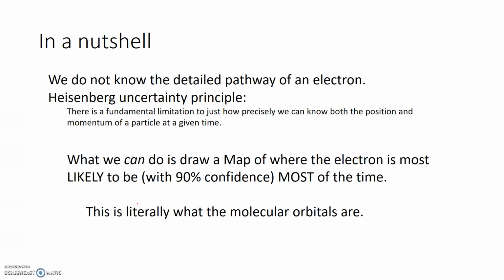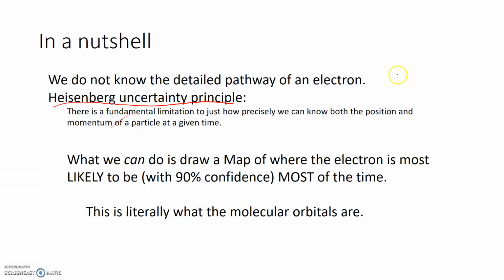Okay, so in a nutshell, I just said what our goal is. Our goal is to figure out where the electrons are, but we have a problem, and that problem is that we don't have a way to know that. There's literally no way to find the detailed pathway of an electron. If you've already watched the previous videos that I talked about, you've probably heard about the Heisenberg uncertainty principle, which states that there's a fundamental limitation to how precisely we can know both the position and the momentum of the particle at any given time.